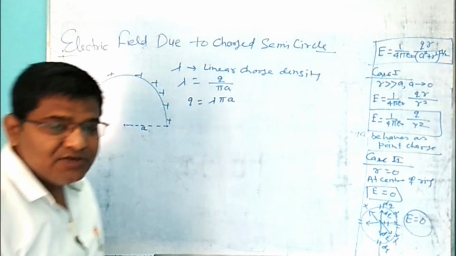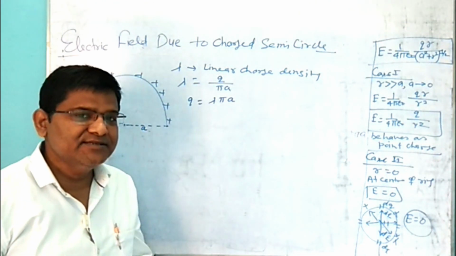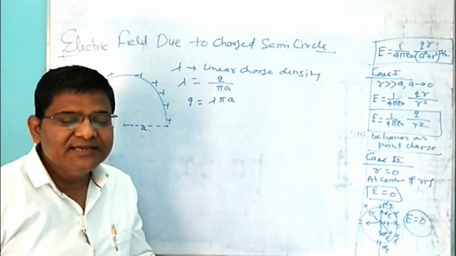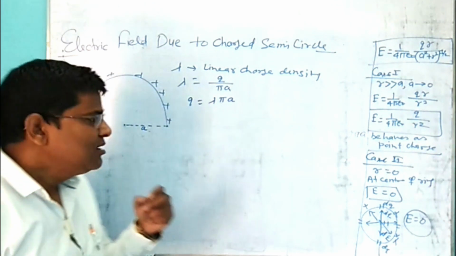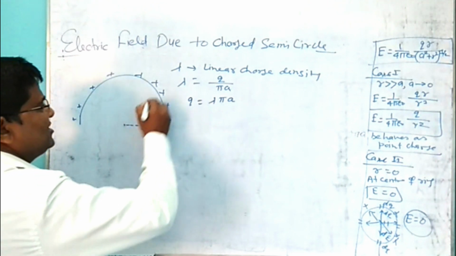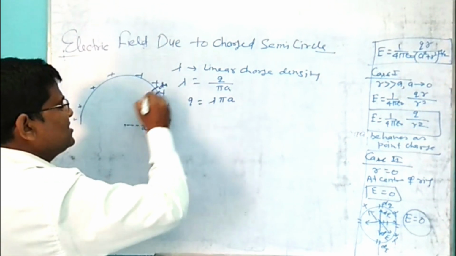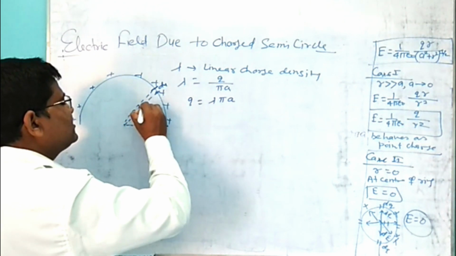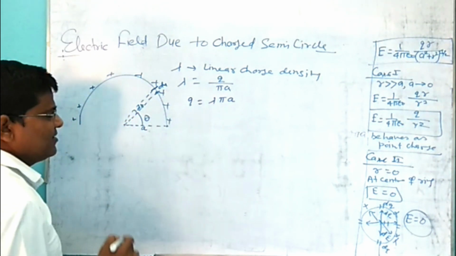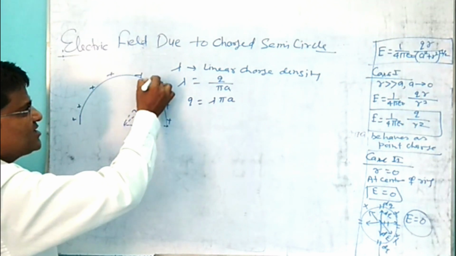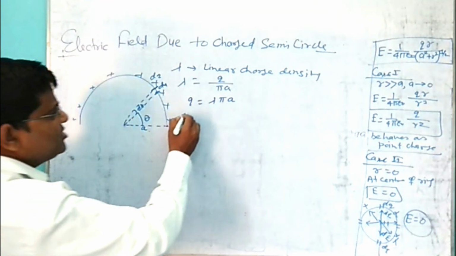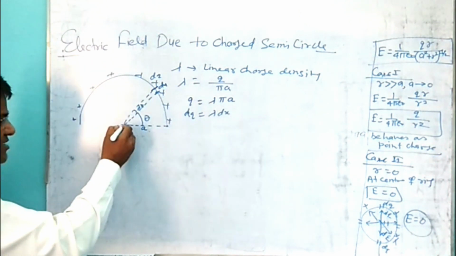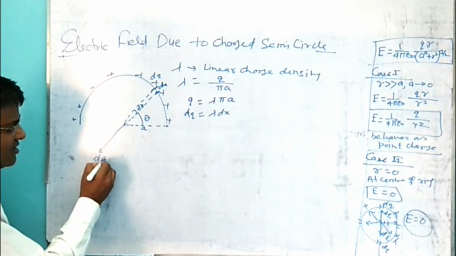As you saw in the two cases, for finding the electric field, first of all, we consider a small section or charge element. Suppose this one is dx, and this dx makes a small angle d theta at this theta. Due to this section, dq is just like lambda into dx, and due to this section dE is here.